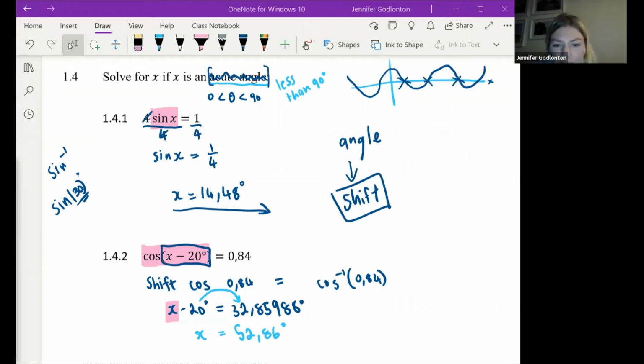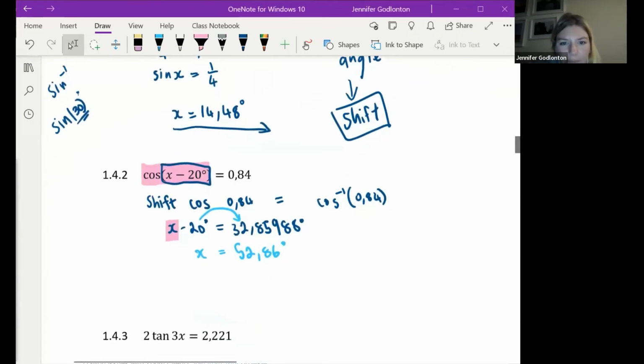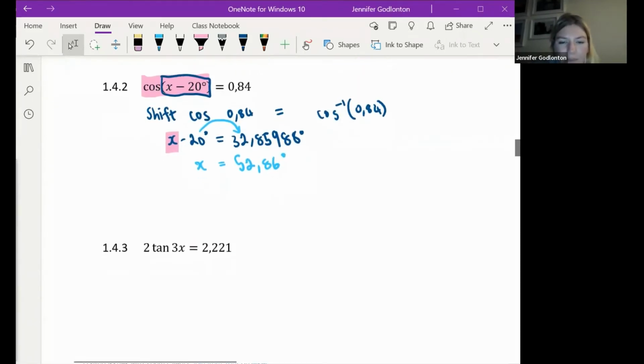Okay, so our answer is 52,86 degrees. Very big well done to those of you who have gotten this far. I am proud of you. Let's do one more equation and then I think it's time for a brain break. Last equation: 2 tan 3x is equal to 2,221. That is our trig ratio that we are trying to isolate before we use our calculator.